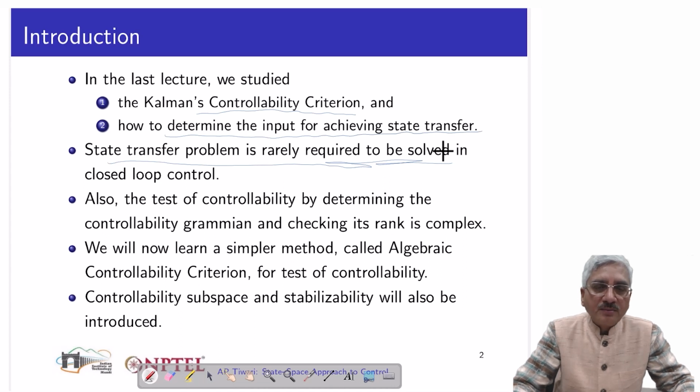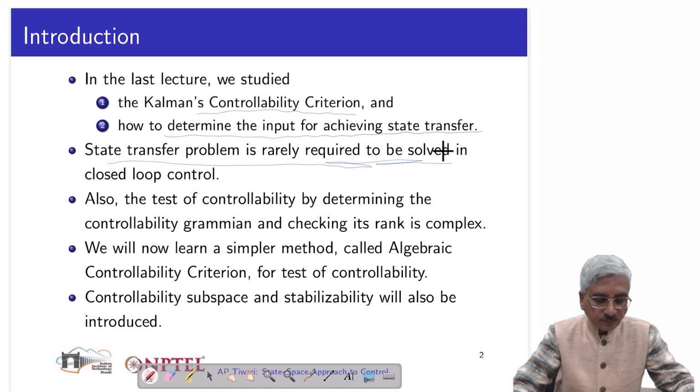The controllability property is essential to be able to design a closed loop control to achieve arbitrary specifications on performance, but state transfer problems are rarely required to be solved.